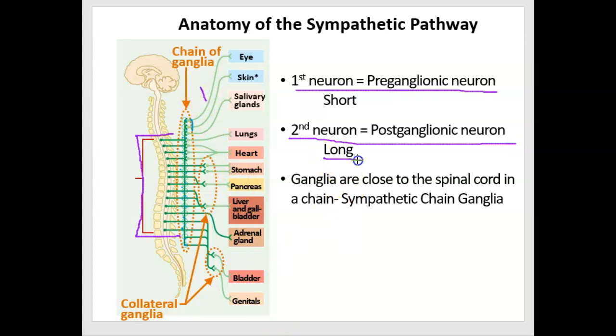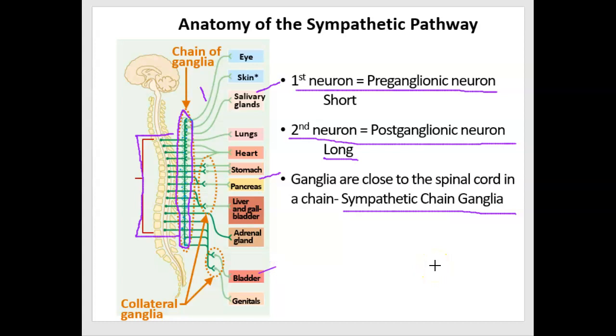Okay, so it's longer. Therefore, the synapse between the first and the second neuron happens in some ganglia that are very close to the spinal cord, and in fact, they're part of a chain of ganglia. We call it the sympathetic chain ganglia. And then, of course, the postganglionic neuron goes to innervate whatever organ we're talking about, be it something in the head, something in the thoracic or abdominal cavity, or pelvic.